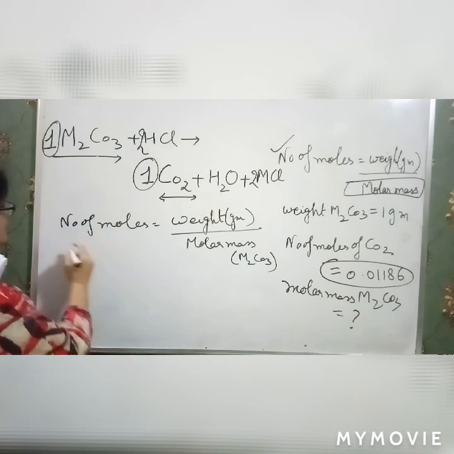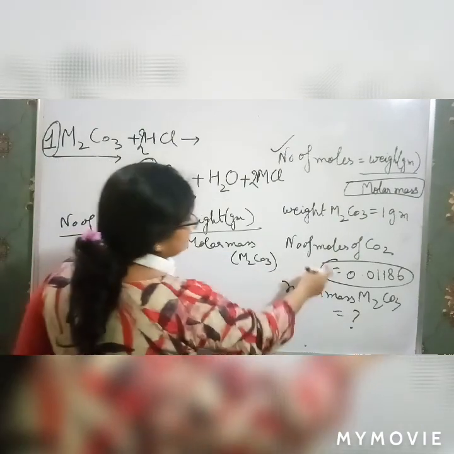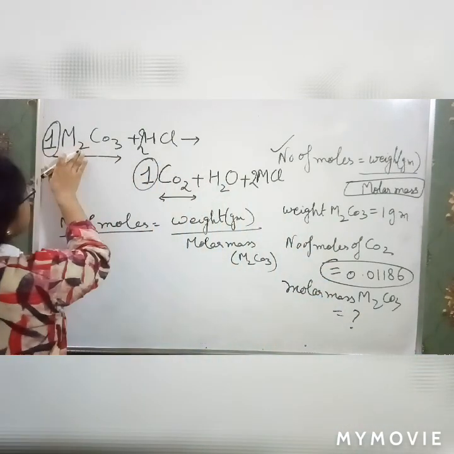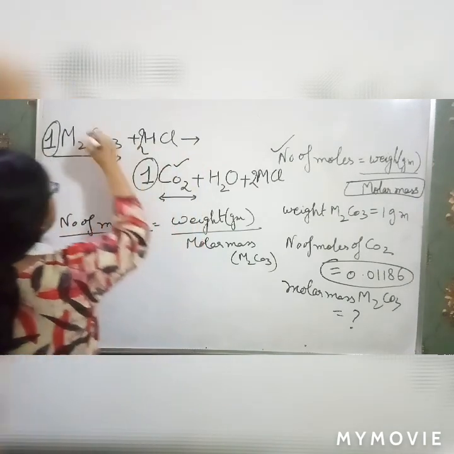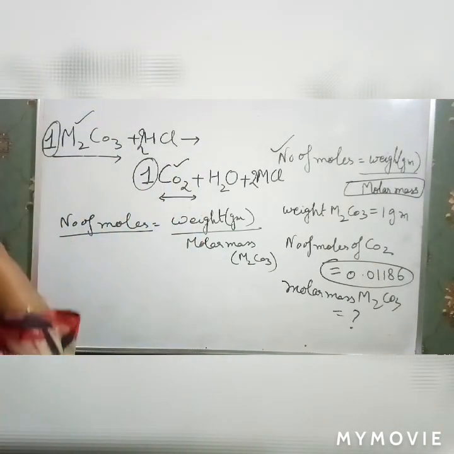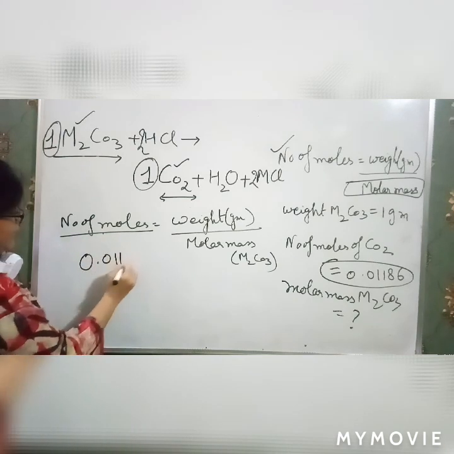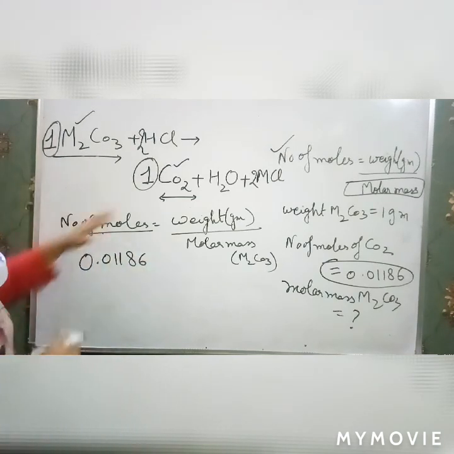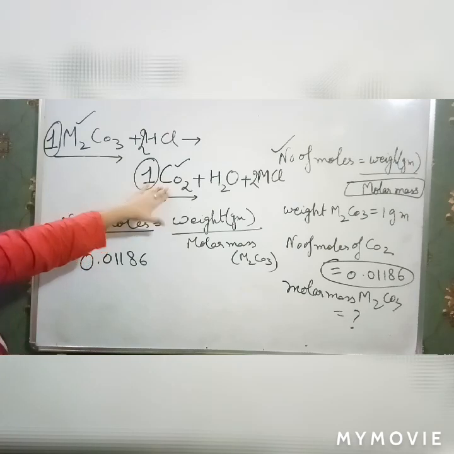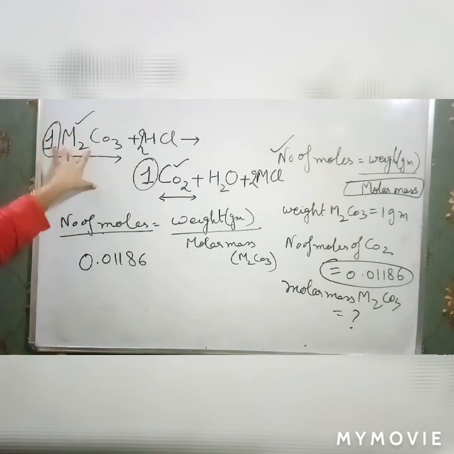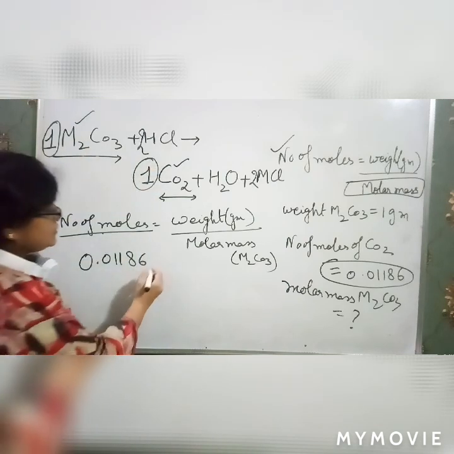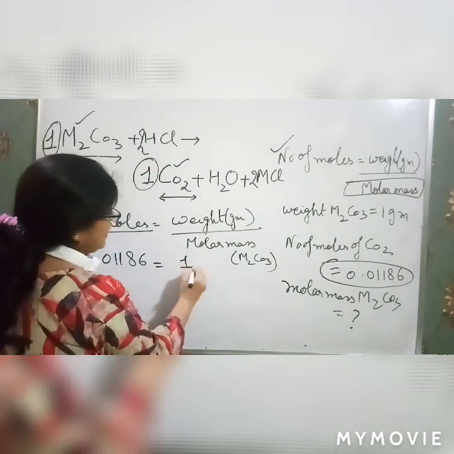So we use the molar mass of CO2 and we see that the molar mass of M2CO3 and CO2 are same. Okay, number of moles. So we put here the same value 0.01186. That means the number of moles of carbon dioxide formed and number of moles of M2CO3 are equivalent, are same from the reaction. So weight in gram it is given 1.